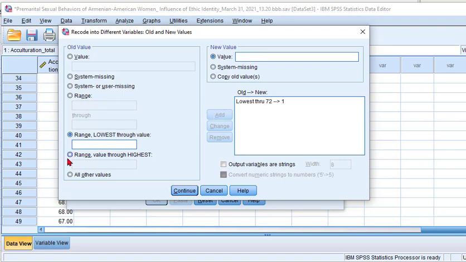And then the highest down to 85 was our number 3 group. Those are the high guys. And everybody else is in the middle. Those are our medium guys.